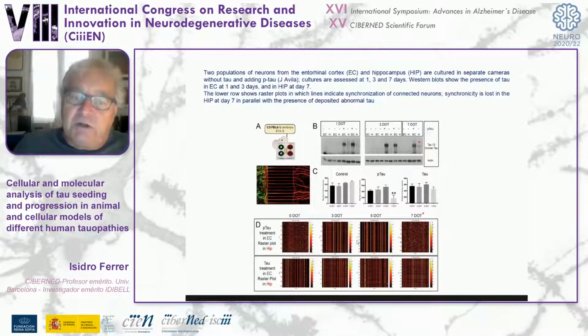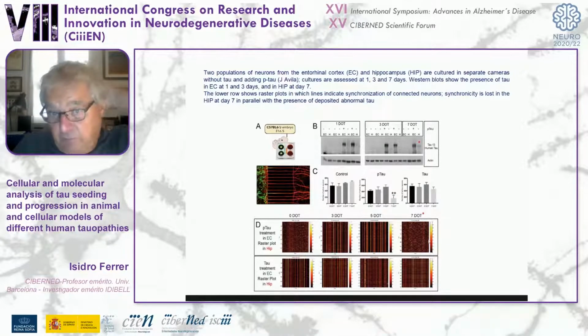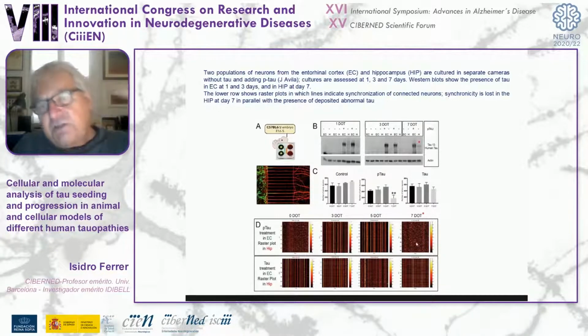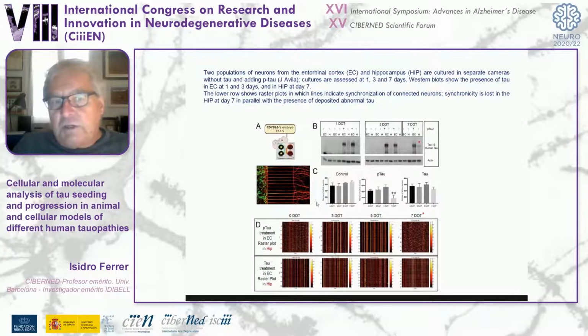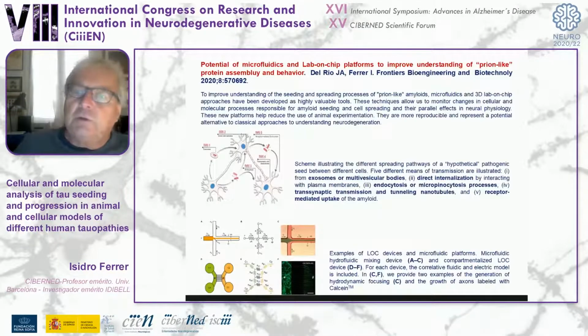And we can see here, and we will see this point in more detail later on, that synchronicity is lost once abnormal tau goes from the entorhinal cortex to the hippocampus. So we will discuss this in more detail later on.